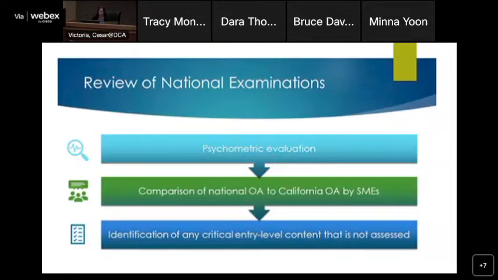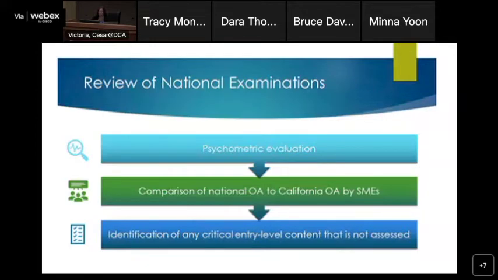Do they write their test questions following the appropriate guidelines? Do they construct their exams properly? Do they monitor how the items or the tests are performing? Is it fair? Are candidates receiving their scores in a timely way? Things like that. Then the comparison of the national OA to a California OA, that simply means occupational analysis.